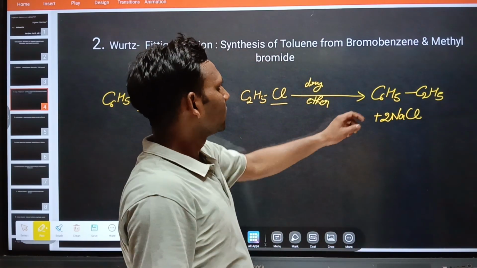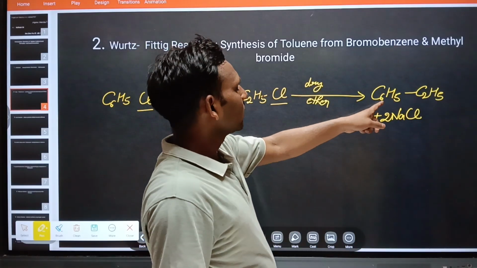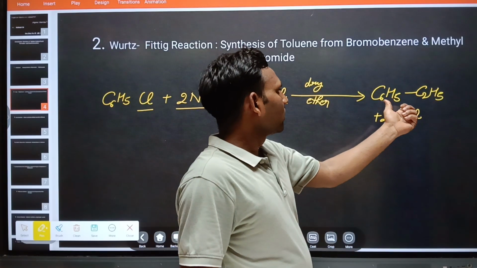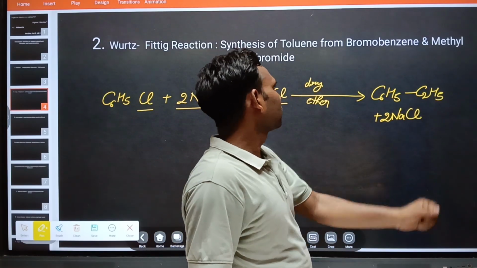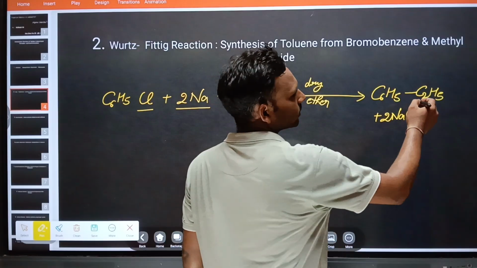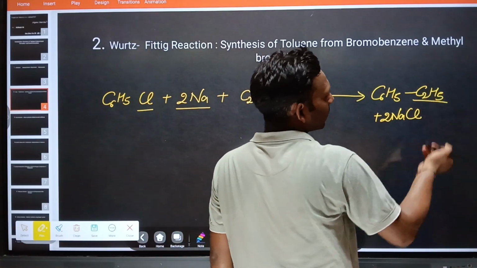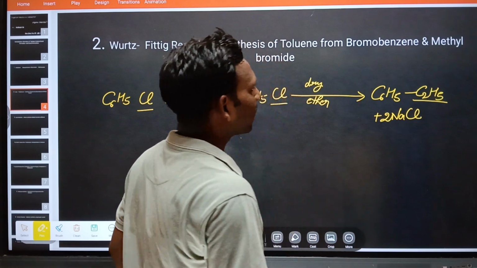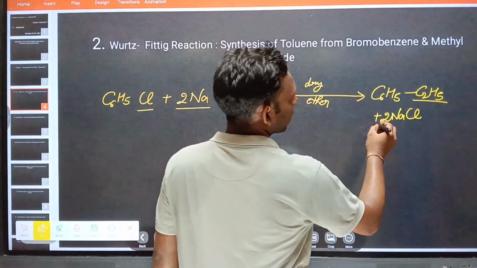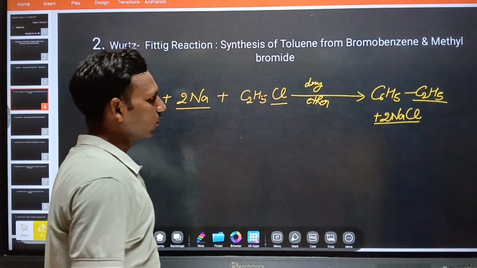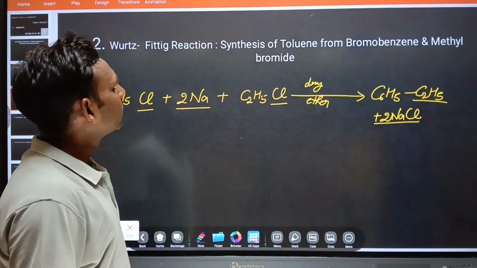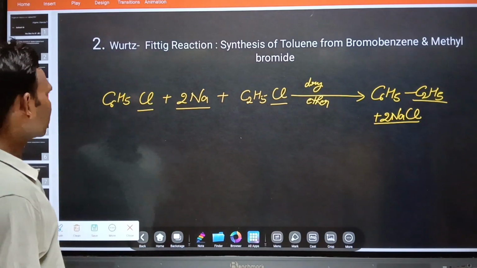The name of this compound is ethylbenzene, an aryl ethane group, and NaCl is the salt formed. I hope you understand. Then the second reaction.